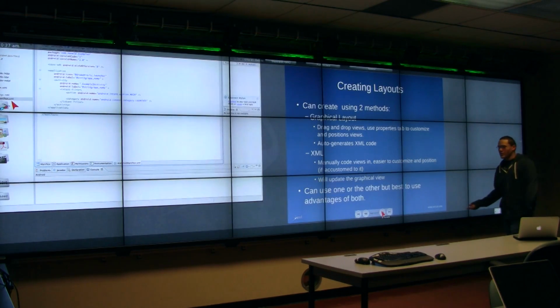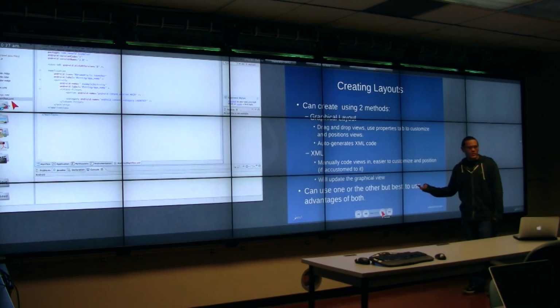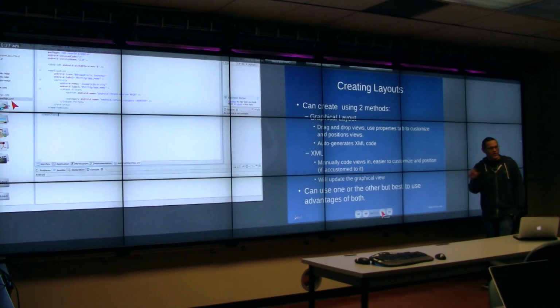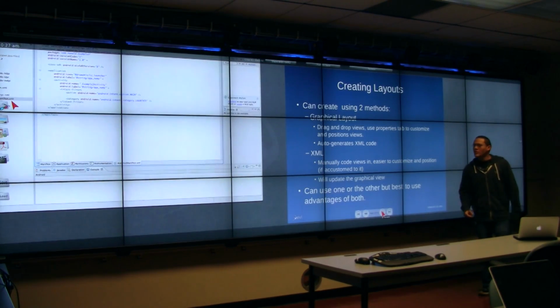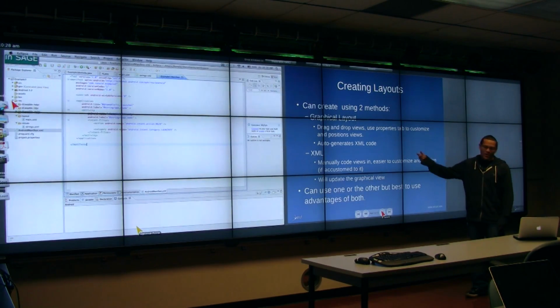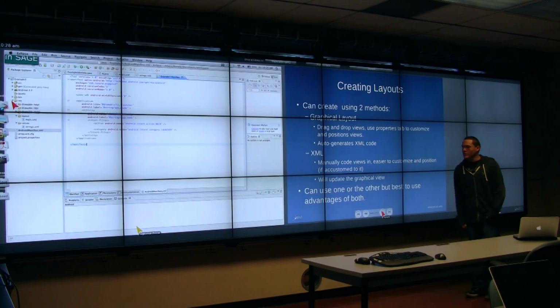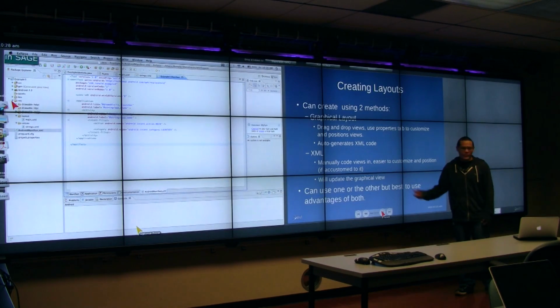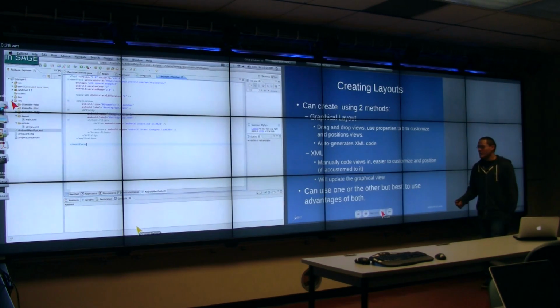So you're creating a UI layout. There's two methods you can use to create it. There's a graphical layout that just uses drag and drop, as well as a properties tab to control the properties of each little item you have there. Anytime you drag and drop something, it auto-generates the XML code for you. And if you feel more comfortable just coding it up, you can manually code in whatever you'd like.